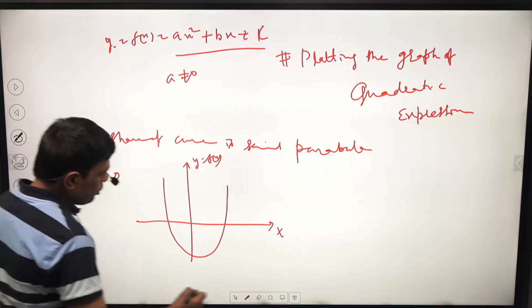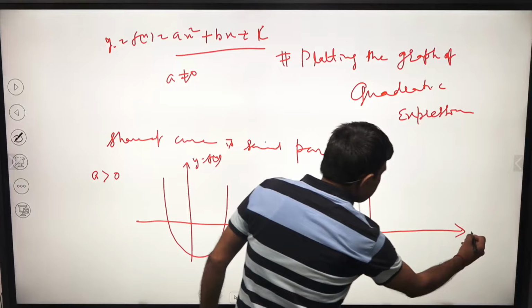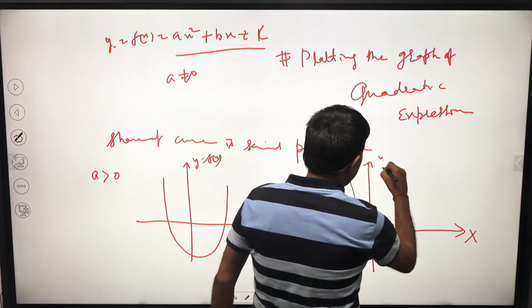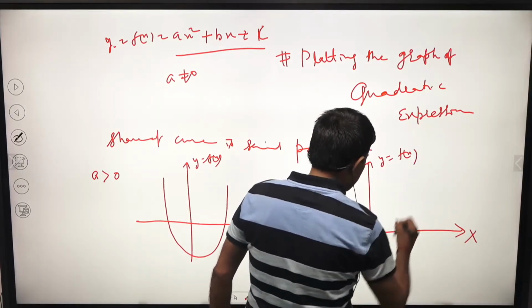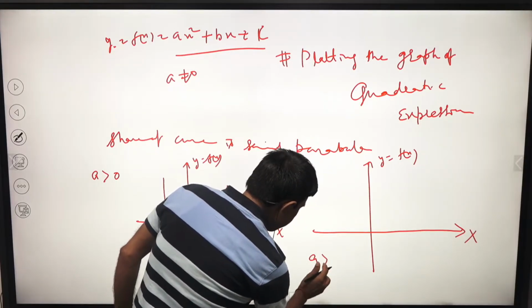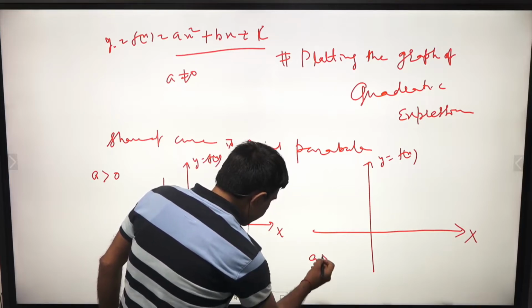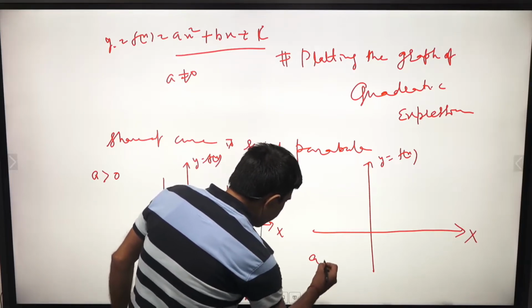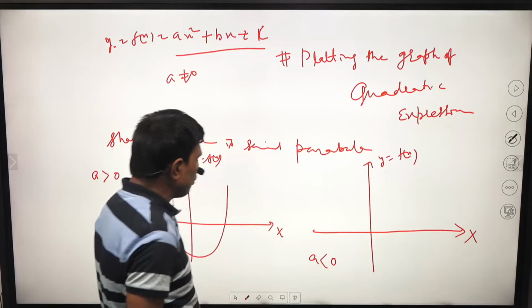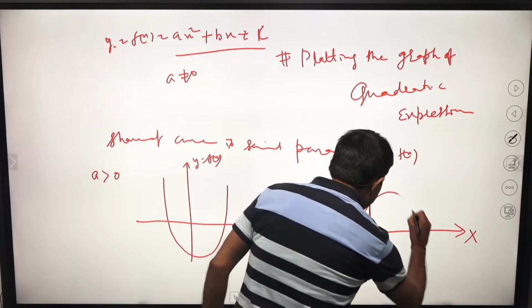Okay, suppose this is the x-axis, this is y is equal to f of x. So if a is less than 0, then we get this type of curve.